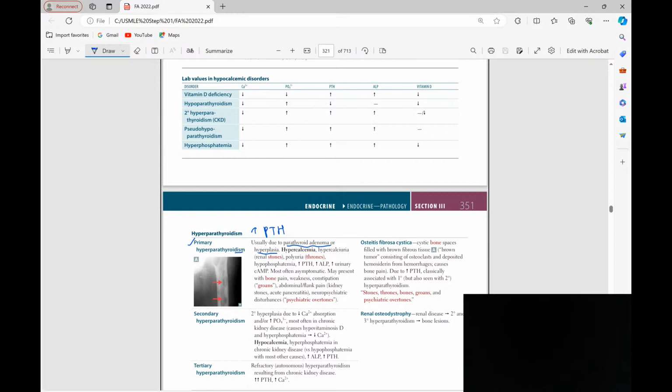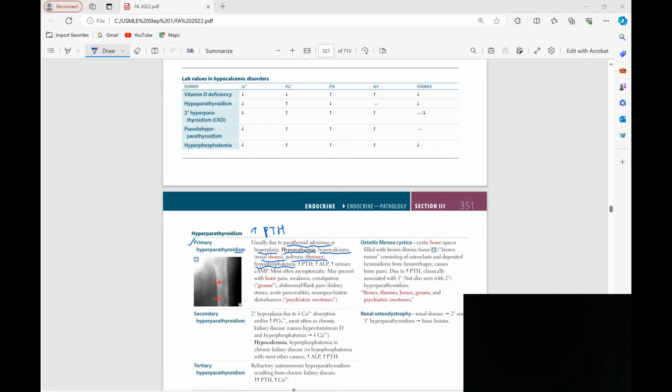That means it will be acting more and more, releasing more and more hormone, which increases the calcium level, and then calcium goes to the urine, causing renal stones and polyuria. Also hypophosphatemia.